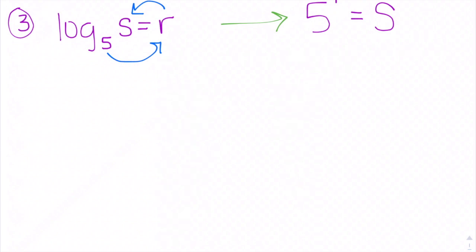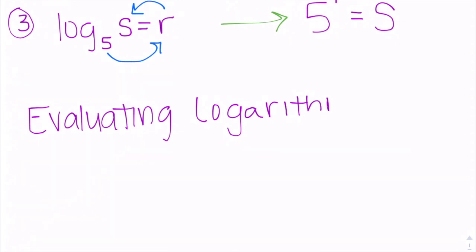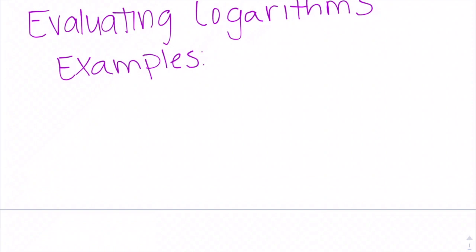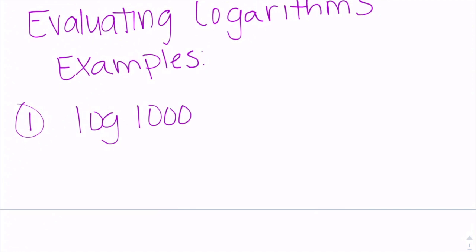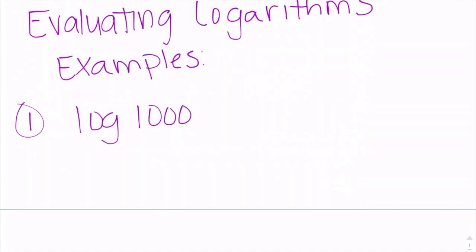Next, we're going to talk about how to evaluate logarithms. So we're going to start with some examples again. So the first example, if we have log of 1,000 and we want to evaluate this, we're going to say that this equals our unknown of x.